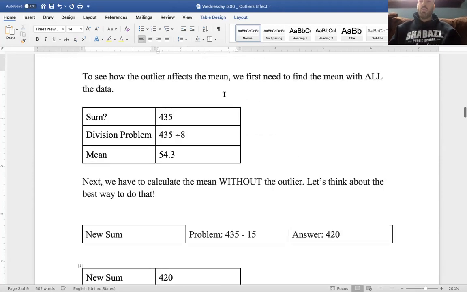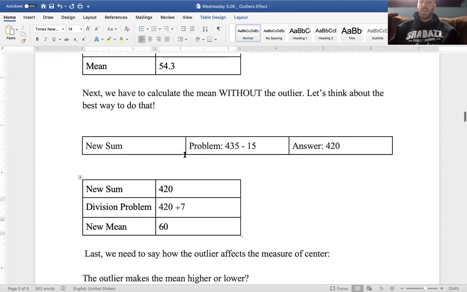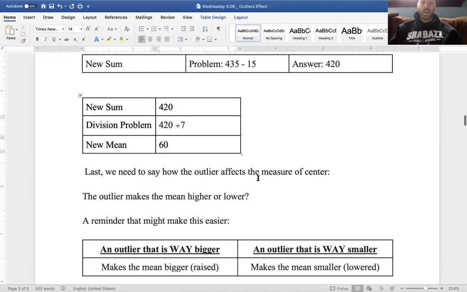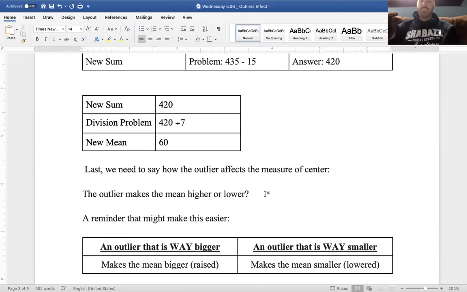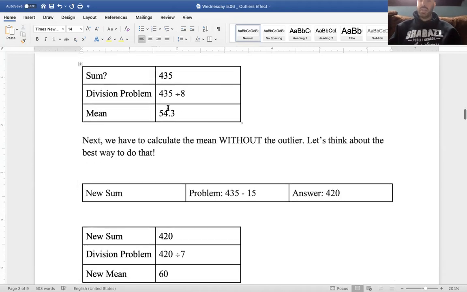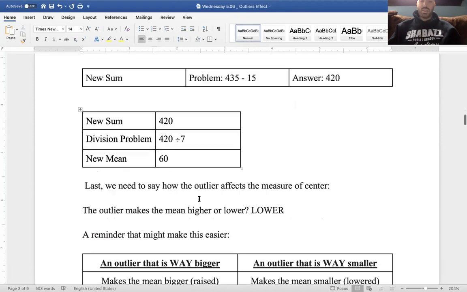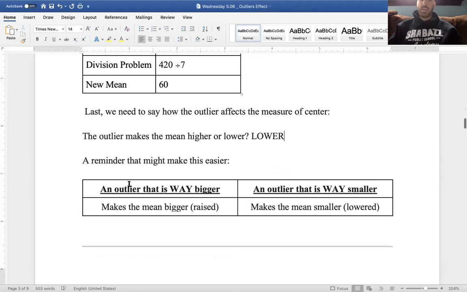Okay, so with all of the data, their mean was 54.3 wins. Without that outlier, before this year, they were averaging 60 wins. So the outlier makes the mean lower. The outlier of 15 made the mean 54, whereas without the outlier, the mean was 60. Here's how we can think about it.